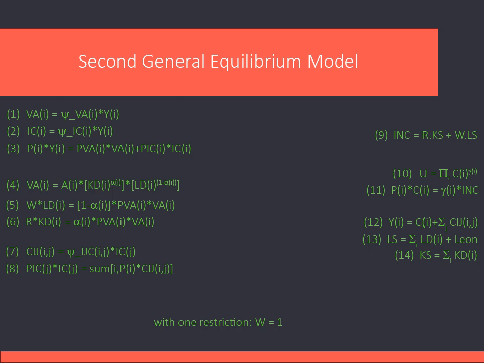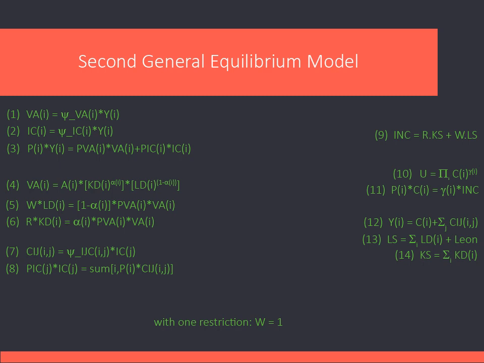Then we have the demand block with 2 generic equations, but it consists in 4 equations, 1 for equation 10 and 3 for equation 11. And then we have the equilibrium block with 5 equations, 3 for the goods market and 2 for the primary factor markets.